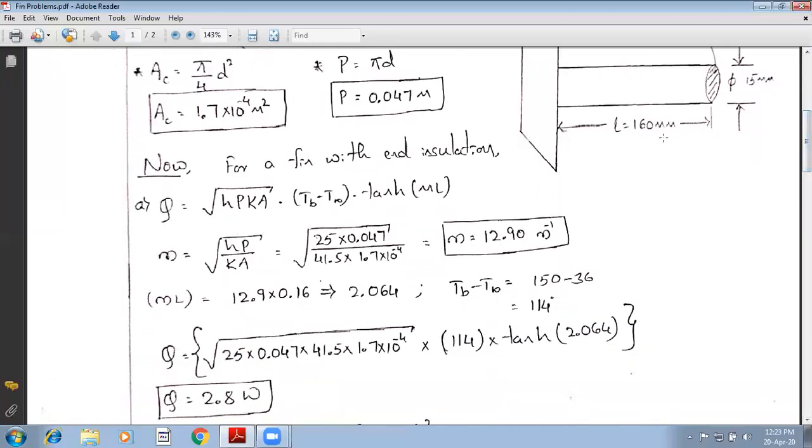L is 160 mm. Convert it into meters. So 12.9 multiplied by 0.16, so 2.064. So you got this product. You have this value as 114. Then you can substitute the values for each parameter. Now if you substitute, Q is nothing but 2.8 watts.